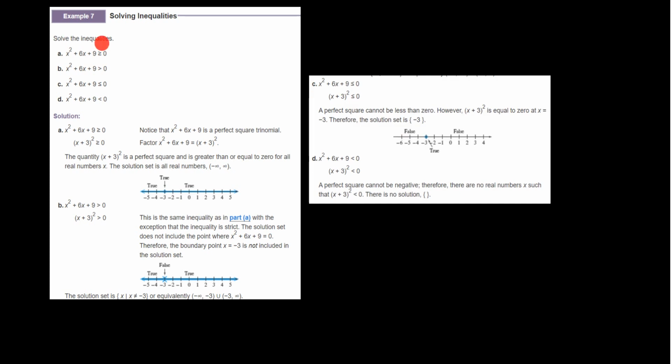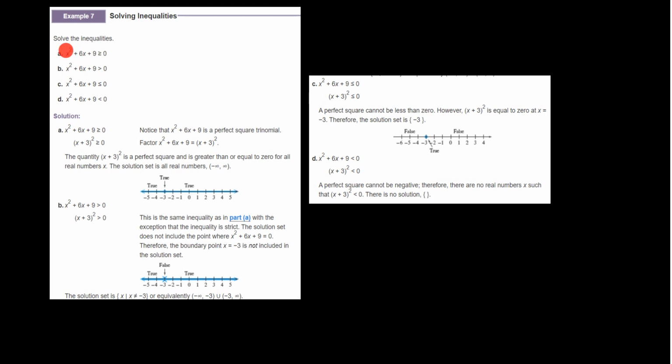So if we solve the inequality x squared plus 6x plus 9 is greater than or equal to 0, you might go into autopilot mode and think, okay, we get our zeros, we get our test points, and so on. But if you just think about it, it's always going to be greater than or equal to 0, isn't it?